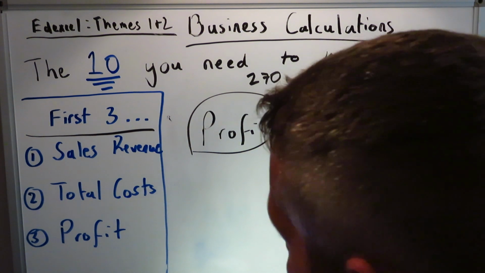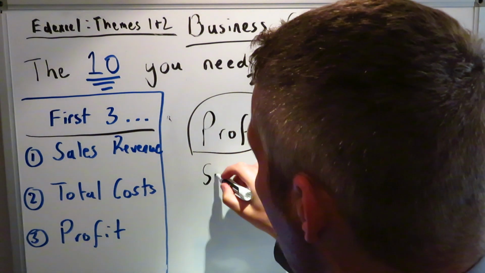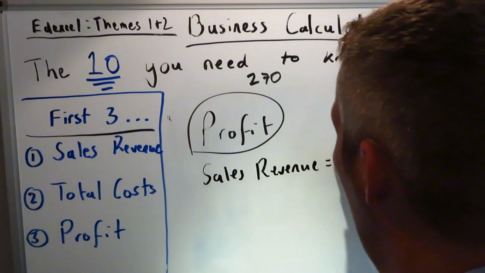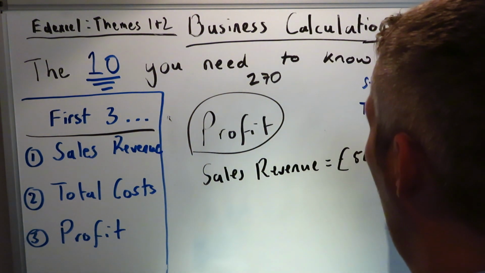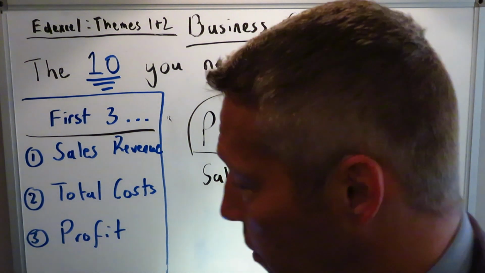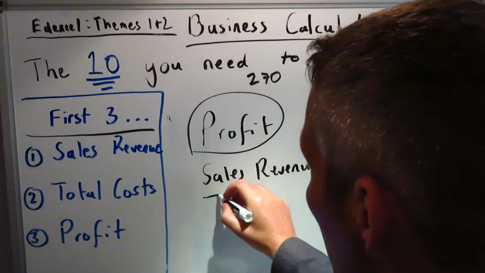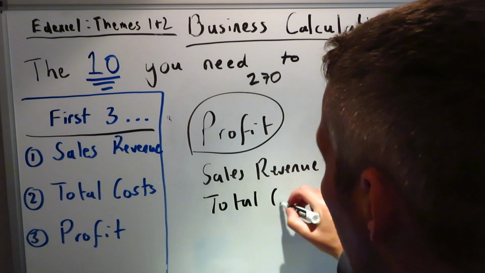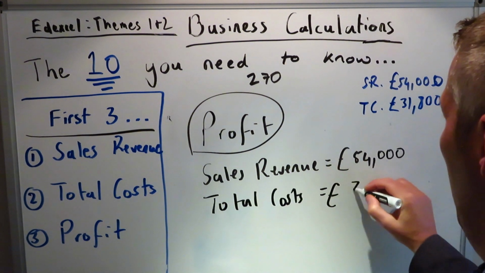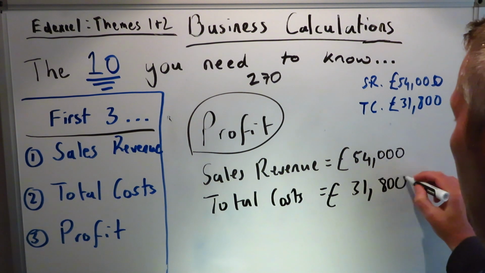Well, your sales revenue, remember, this is the money that you made, was £54,000, and your total costs were 31,800.